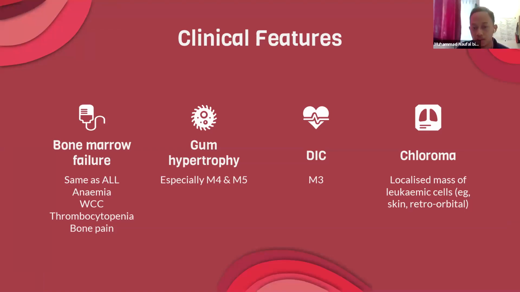In AML, there can also be gum hypertrophy, especially in M4 and M5. The patient also can present with DIC, disseminated intravascular coagulopathy, which is in M3 type of AML. And also the patient can have chloroma. Chloroma is a localized mass of leukemic cells that can be present in the skin and retroorbital.